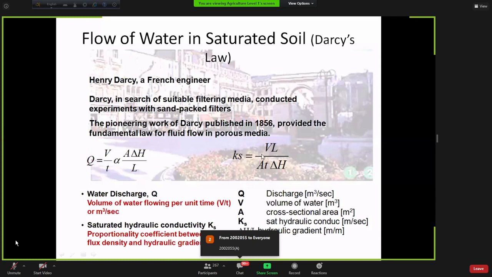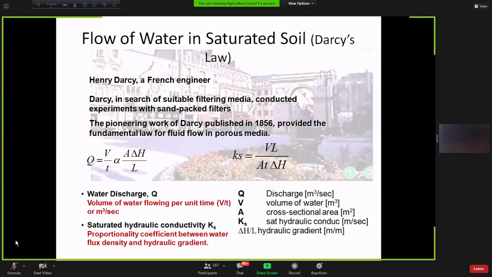Hydraulic conductivity equals volume and length divided by cross-section area into time into delta H. Here Q is discharge, cubic meter per second, V is volume of water, cubic meter, A is the cross-section area, meter square, Ks is the saturated hydraulic conductivity. This is not conduct, this is conductivity, which is meter per second. If you put cubic meter, meter square, then meter, finally you have Ks in meter per second.